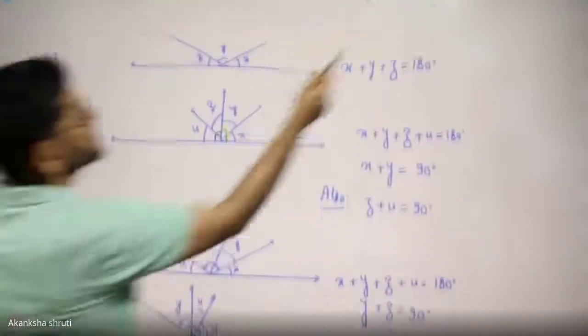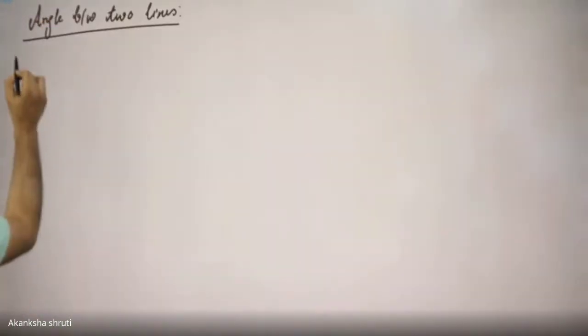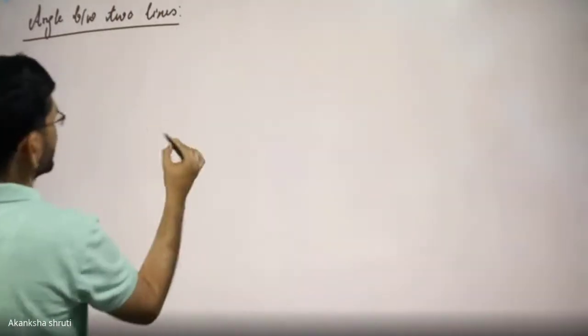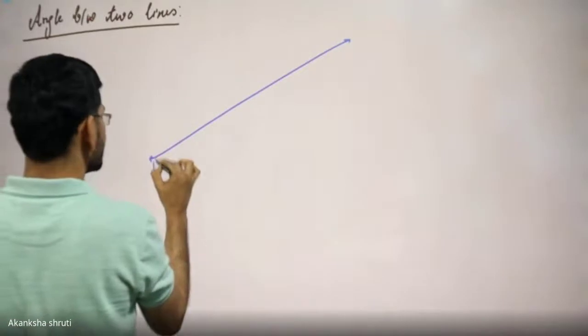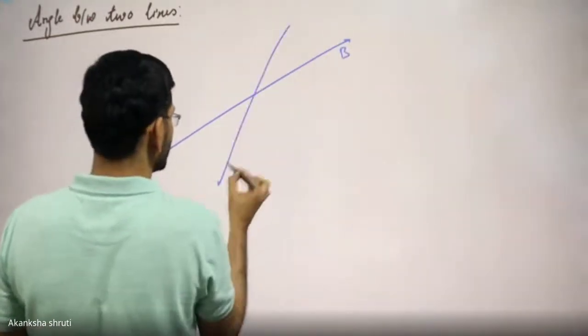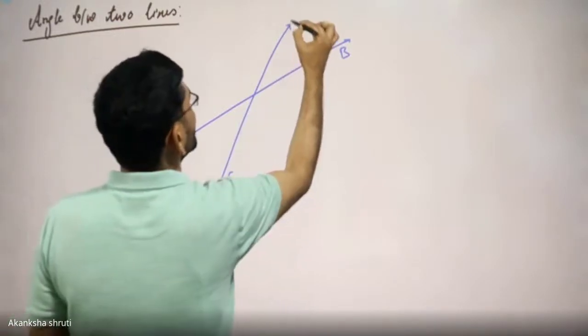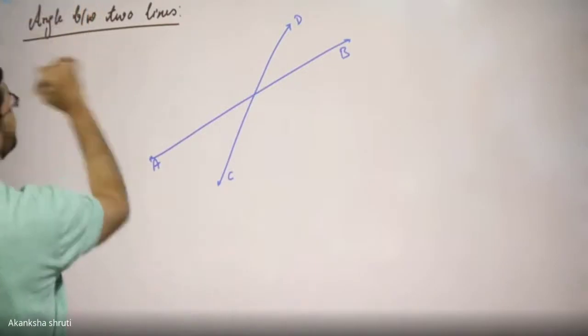Students, this situation we will come across, but one more small thing we have to know: the angle between two lines. Students, if we consider a pair of lines, let us consider the angle between two lines. Let us consider one line as AB, another line as CD. Here we are considering these two as intersecting lines.